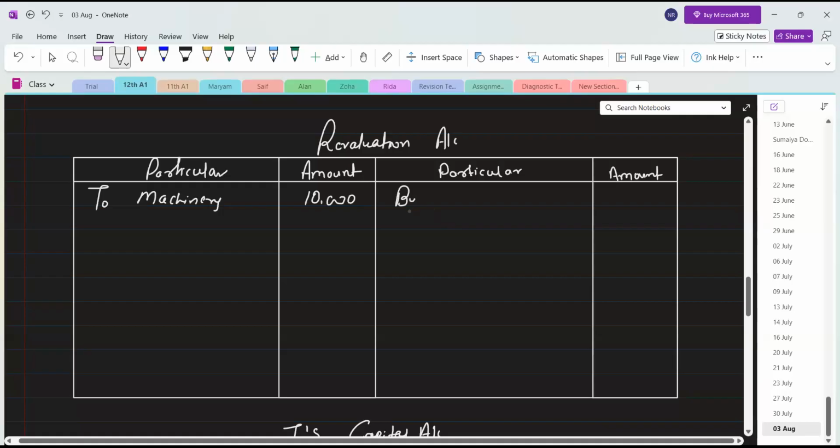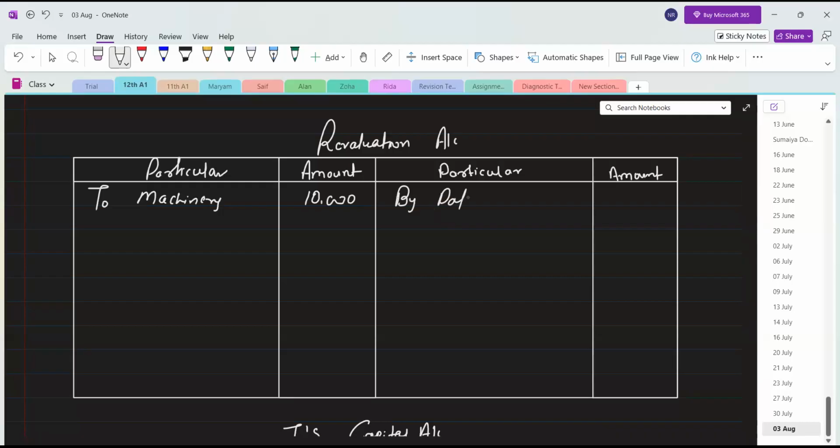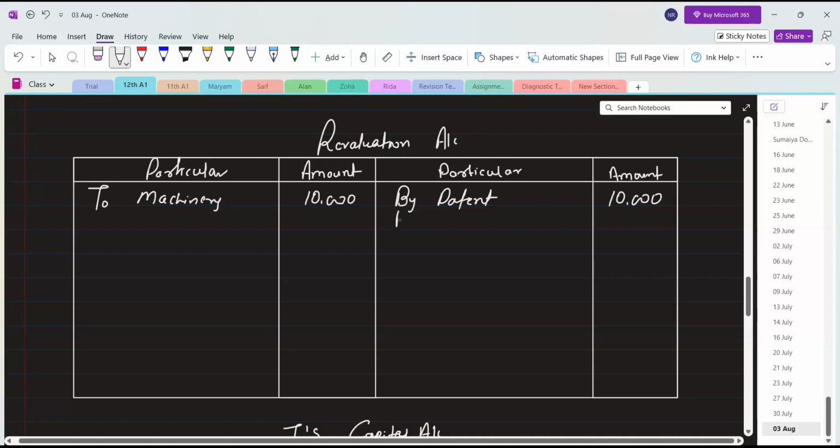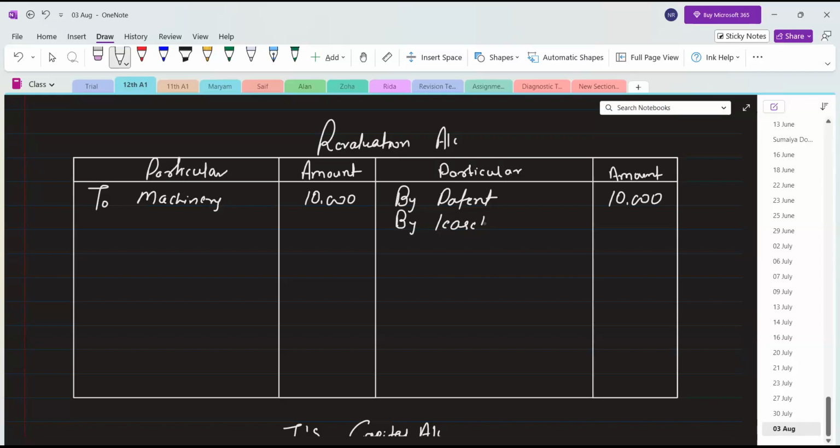So by patent 10,000. Then leasehold we valued at 125. Leasehold is 1 lakh. It is also increased by 25,000. So by leasehold 25.